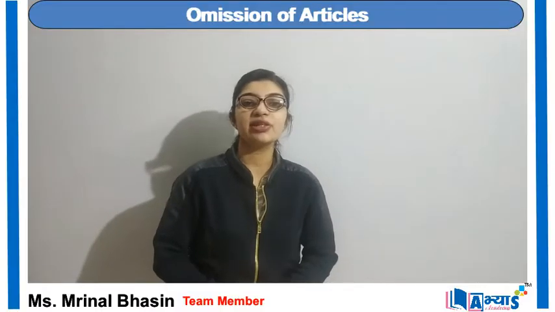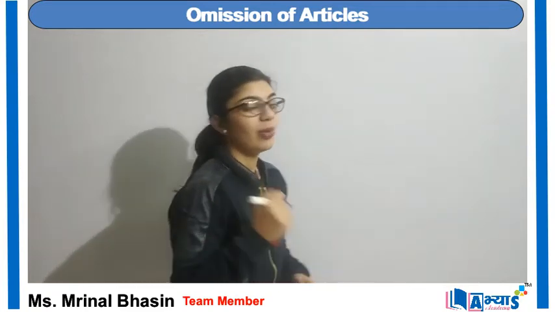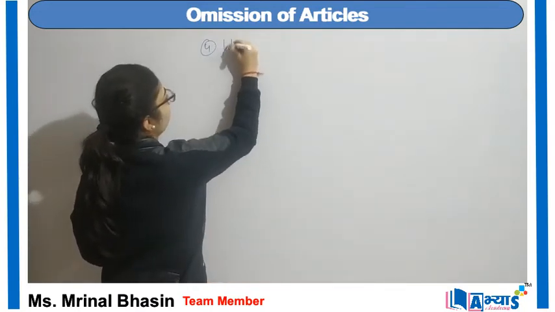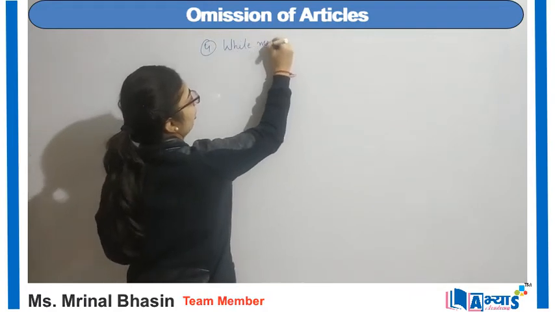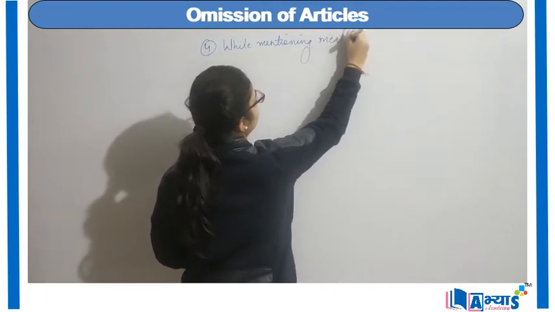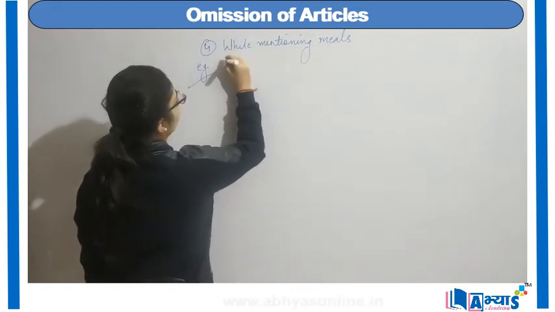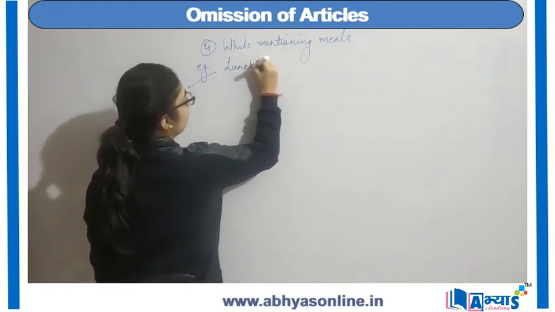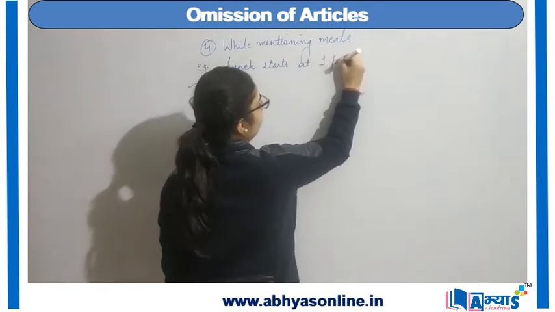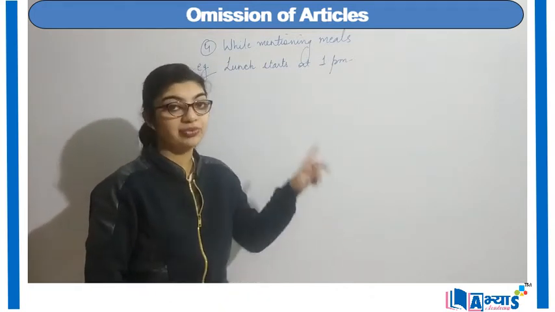Now the other case where we do not use articles a and an is while mentioning meals. Example: lunch starts at 1 p.m. I will never say a lunch starts at 1 p.m. That is wrong.